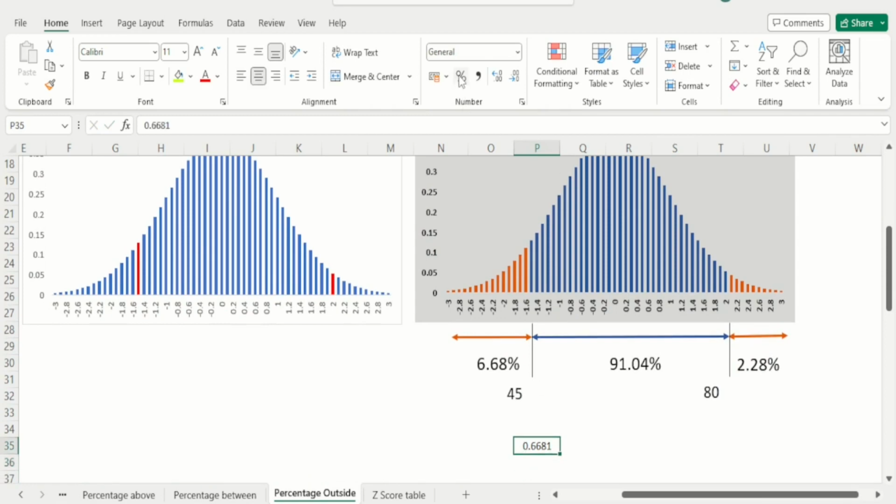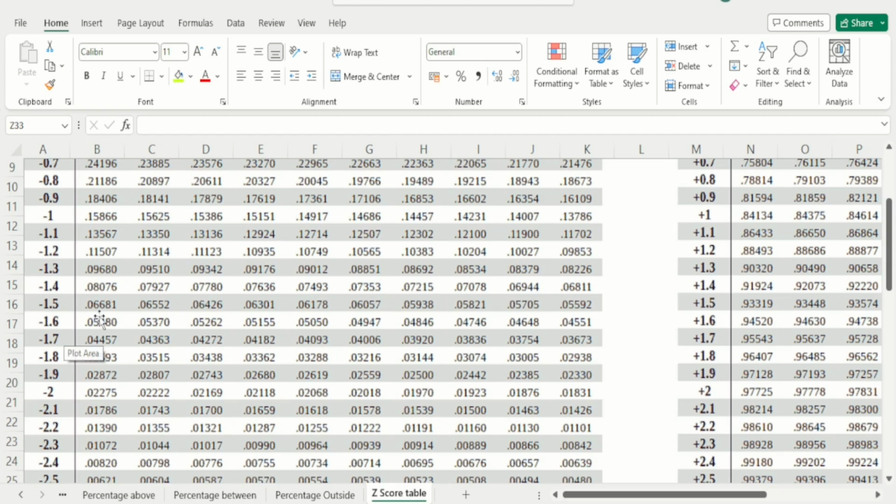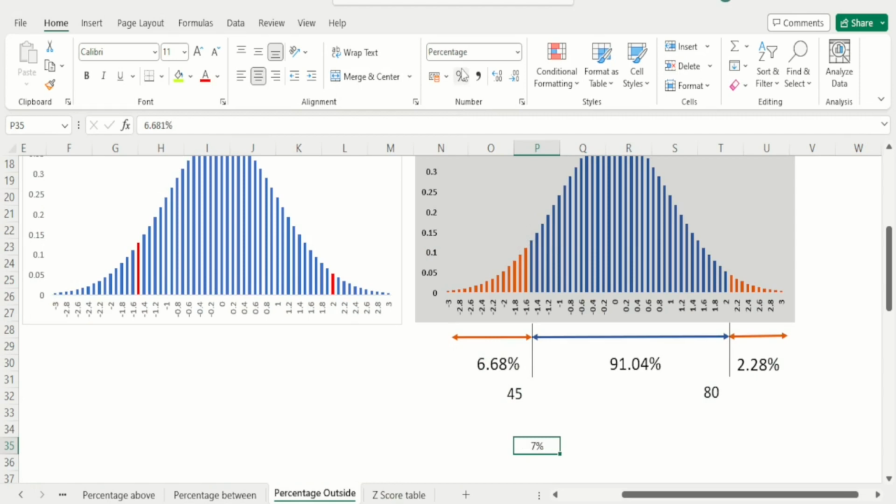It means 0.06681. So what does this mean in terms of percentage? It means 6.68% of the data lies to the left of minus 1.5, which is this brown colored section here.